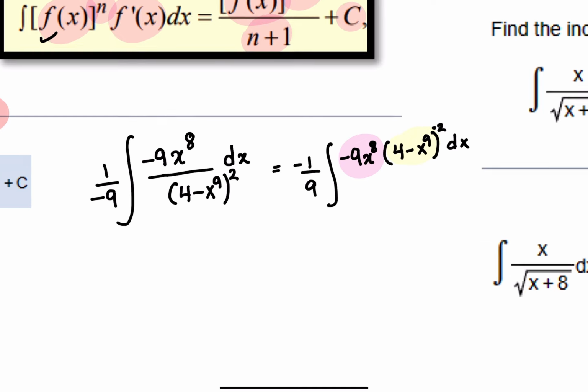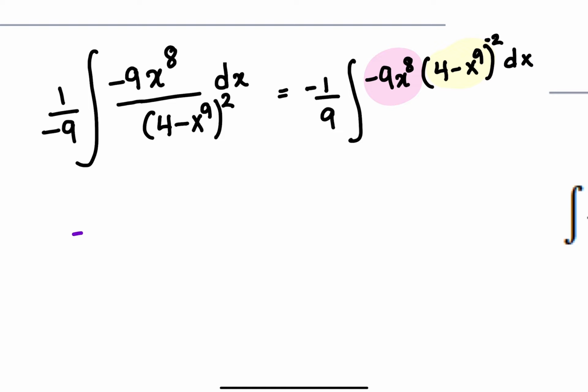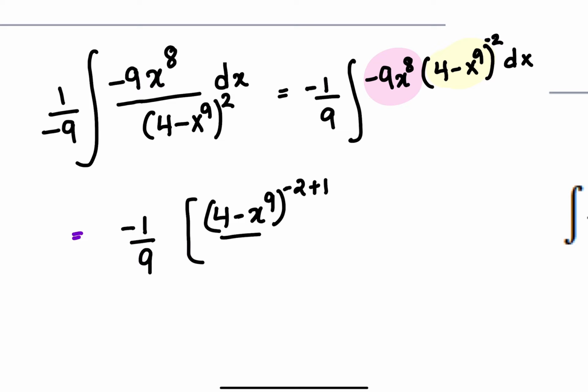The integral is the negative 1/9 stays. Function 4 minus x power 9 to the power negative 2 plus 1 over negative 2 plus 1 plus c.